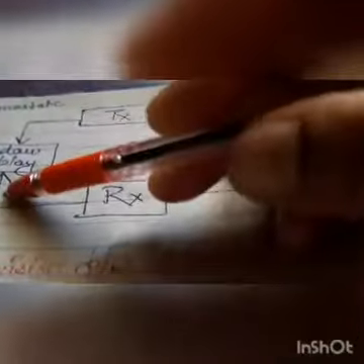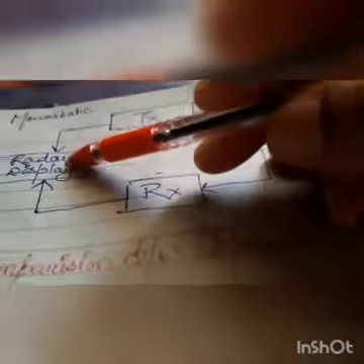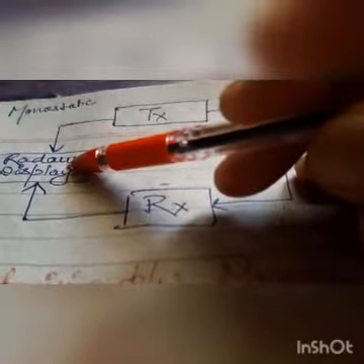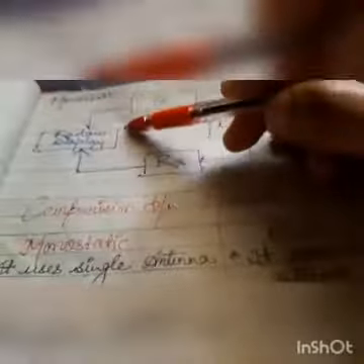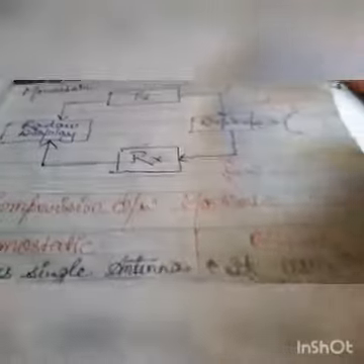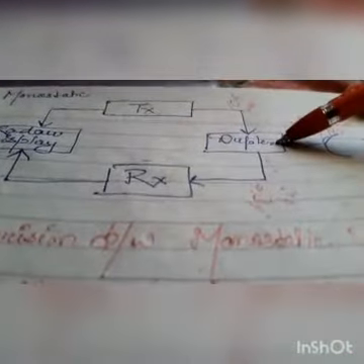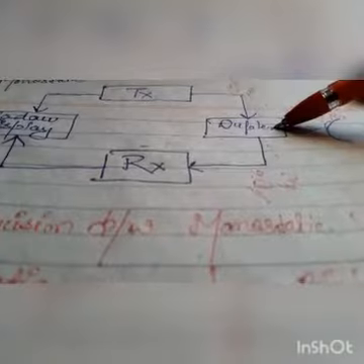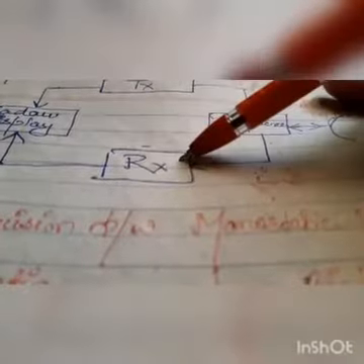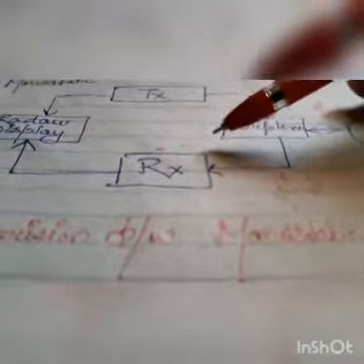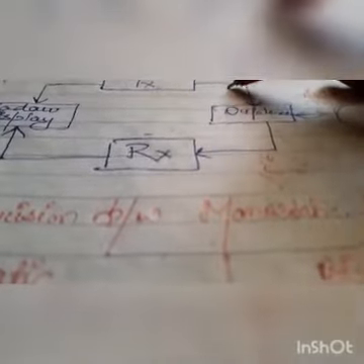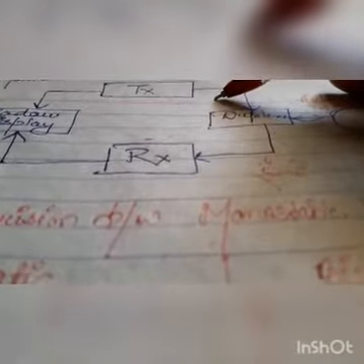The receiver sends the signal to the radar display, and it shows whether a target is present or not. So this is the whole procedure of the monostatic radar, in which we are using a duplexer. The duplexer is used for isolation between the transmitter and the receiver, so that the high transmitted power is isolated from the receiver.